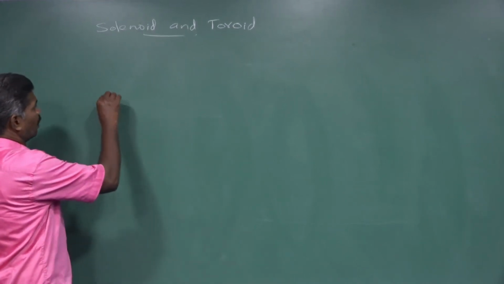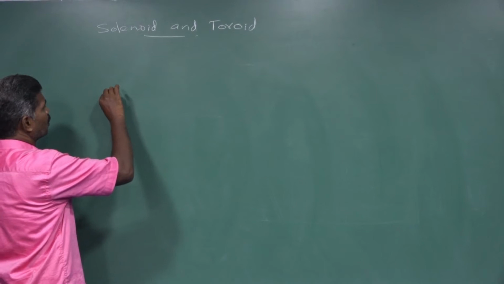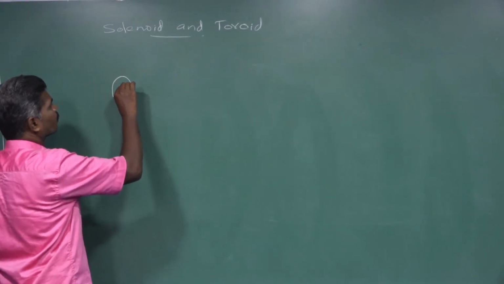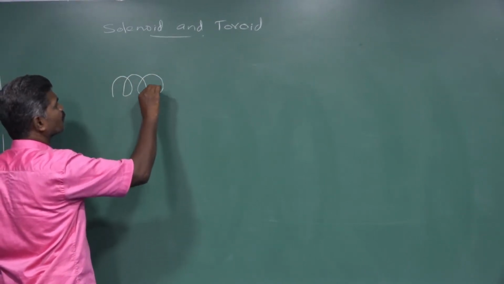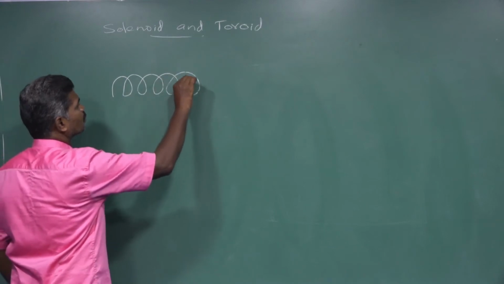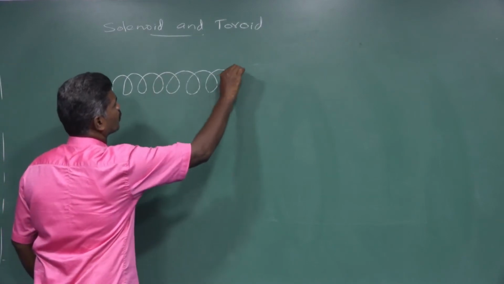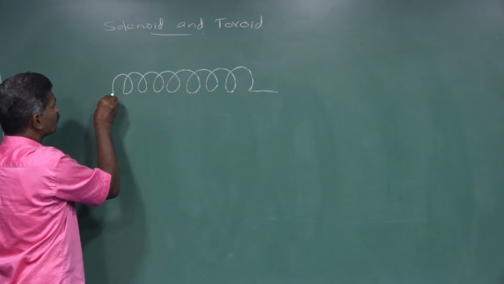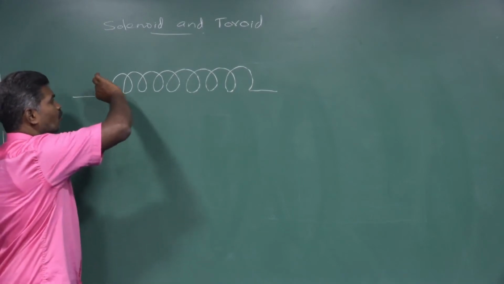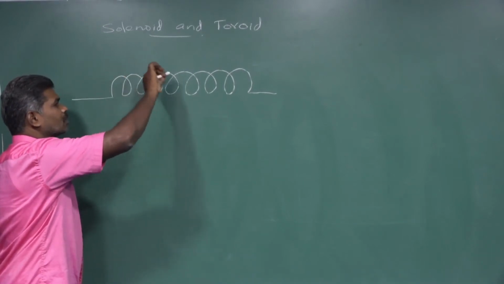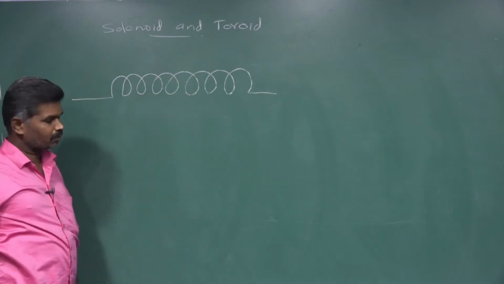That's why I am going to draw only the coil winding. So we are winding that wire on that supporter.